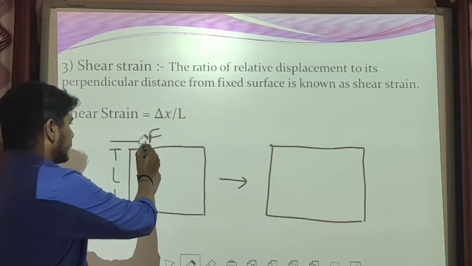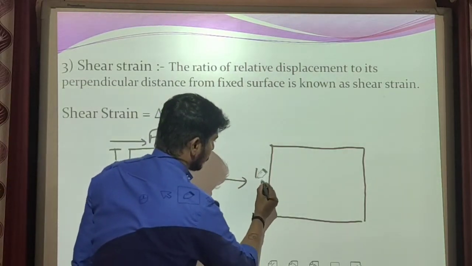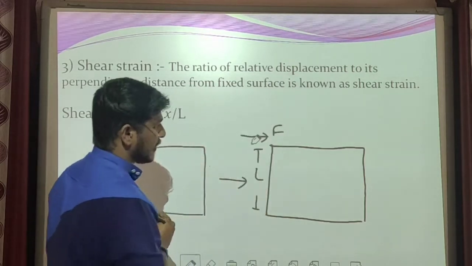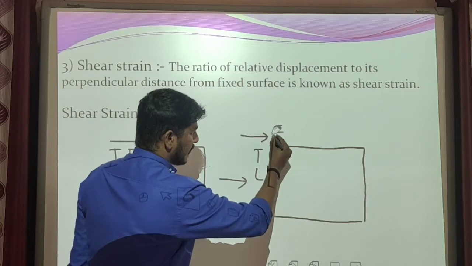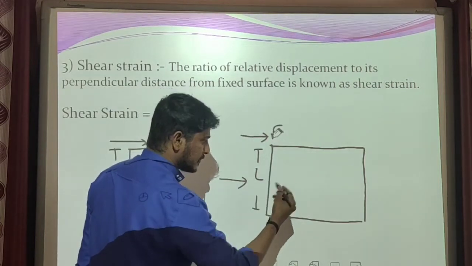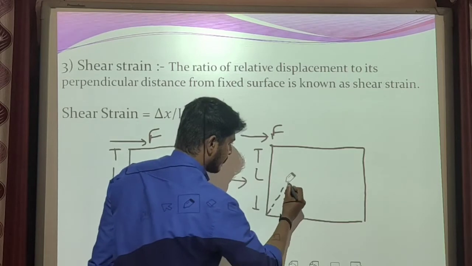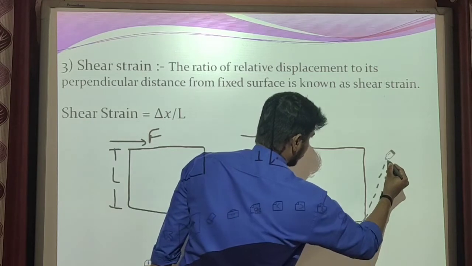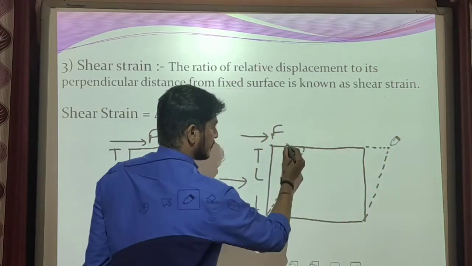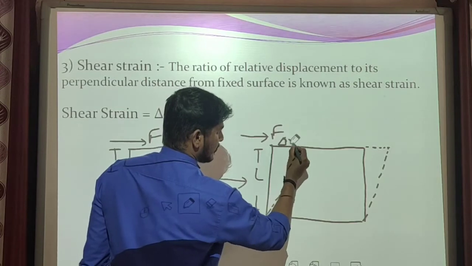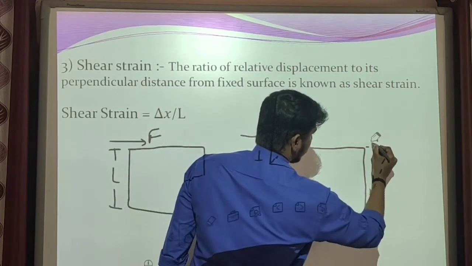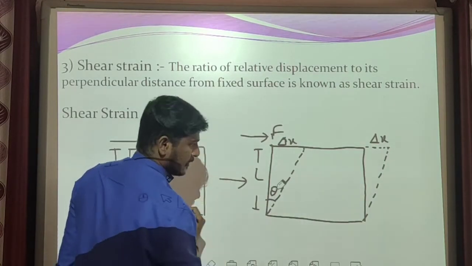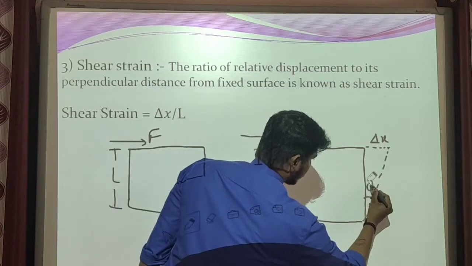After applying force F, this is the original length, and the tangential force is applied. Then the body undergoes deformation, that is, there is some displacement, delta x, and this is the shear angle. Here also it is the shear angle.